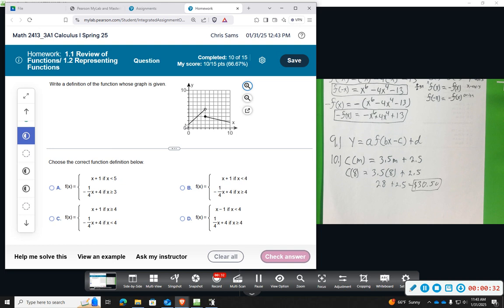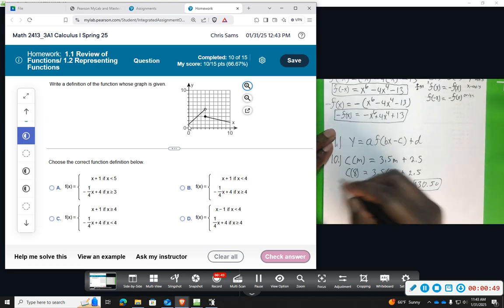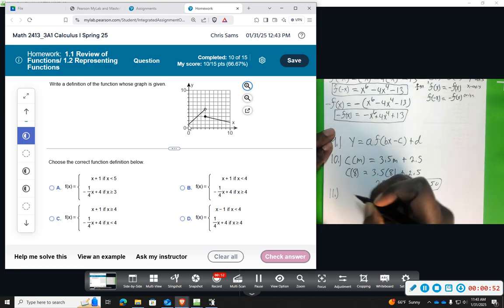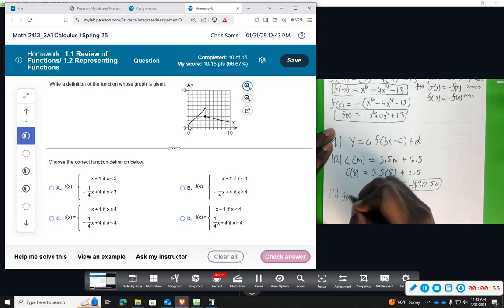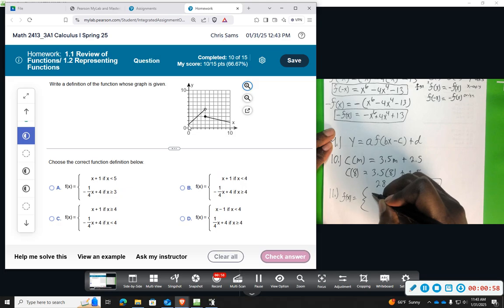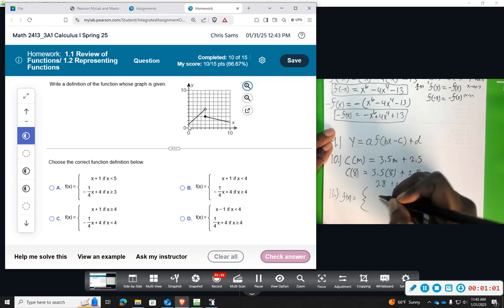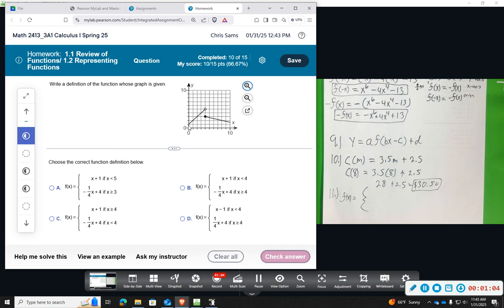Again, you want to look at the spacing on the graph and see what it's counting by. It goes up to a height of 10 and looks like there's 10 tick marks between, so this is counting by 10. So we have a y-intercept of 1. For this first part, if I were trying to work backwards and write these equations, my first equation has a y-intercept of 1, and then it looks like we go up 1, right 1, up 1, right 1, and it goes all the way over to 1, 2, 3, 4.